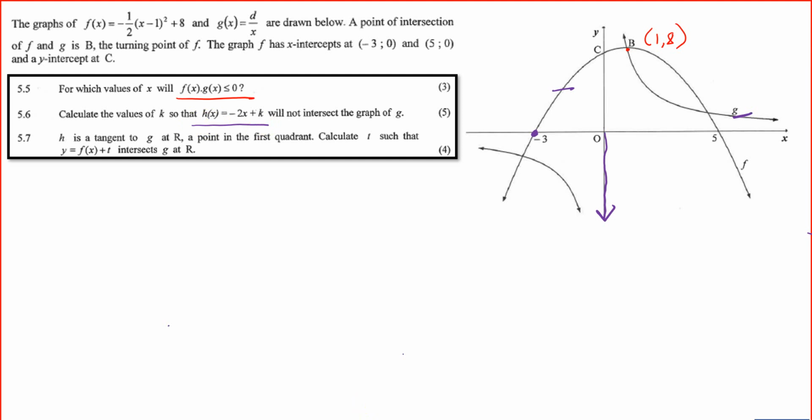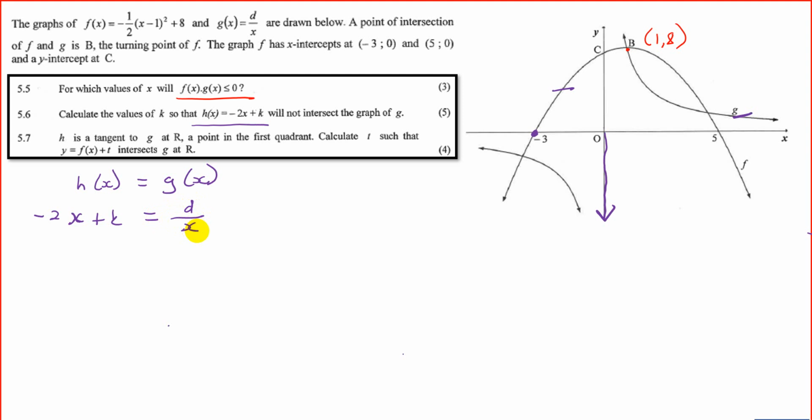So we know normally for points of intersection, we equate both the equations. So we're going to take the h and equate it to g. And h is minus 2x plus k is equal to, and the g of x is equal to d over x.